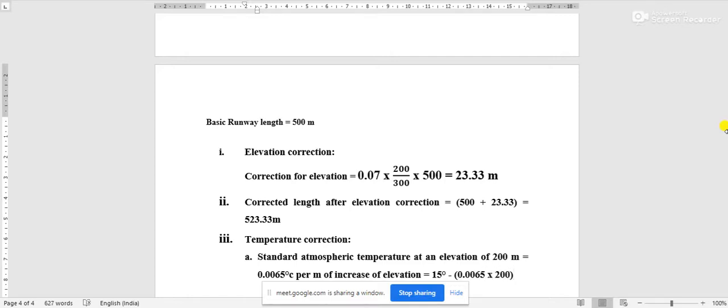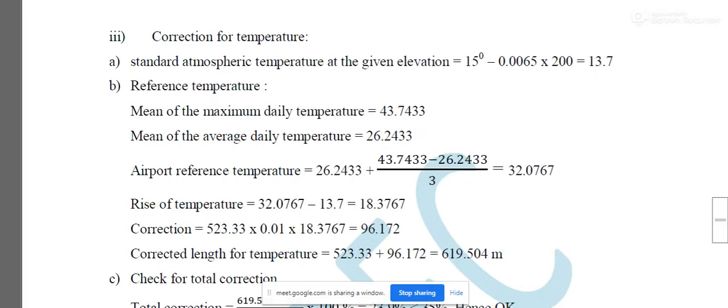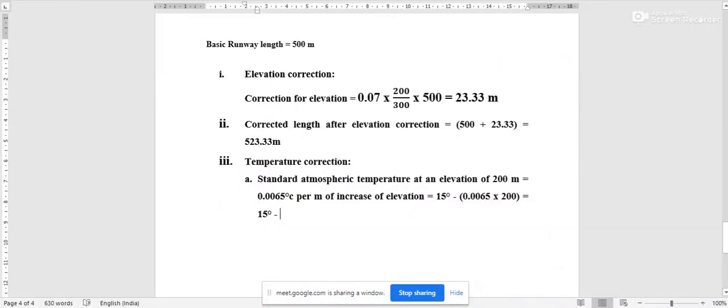This is the decrease of temperature due to elevation change, and finally you may calculate, this is 1.3 degrees Celsius, and finally this will be 13.7 degrees Celsius.